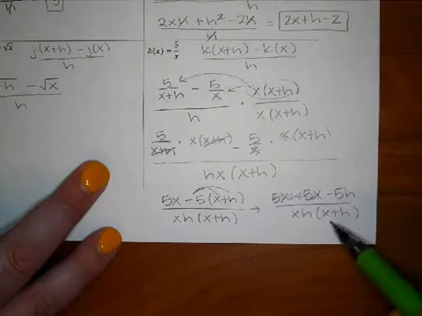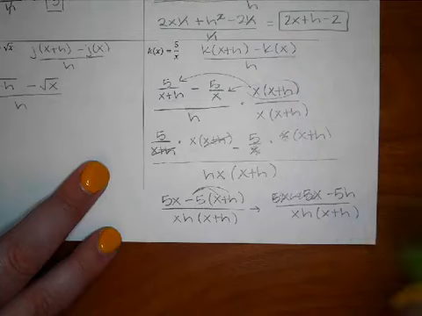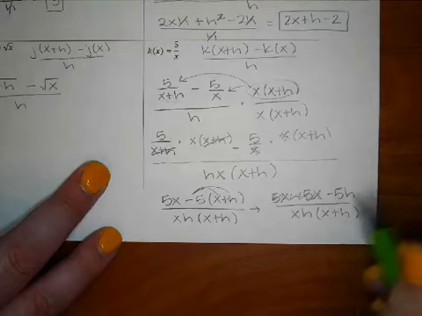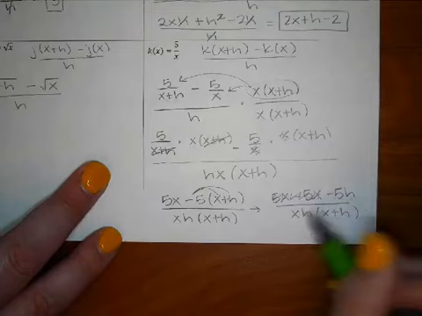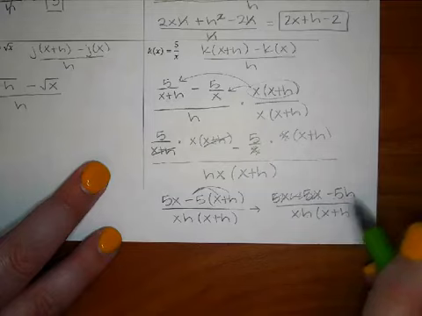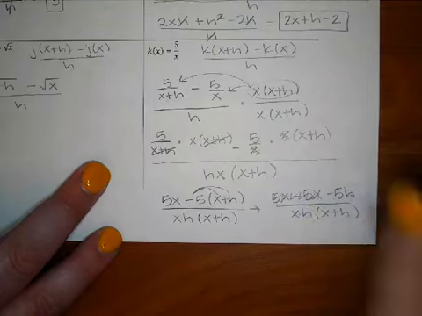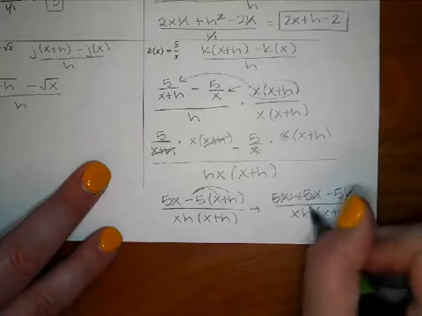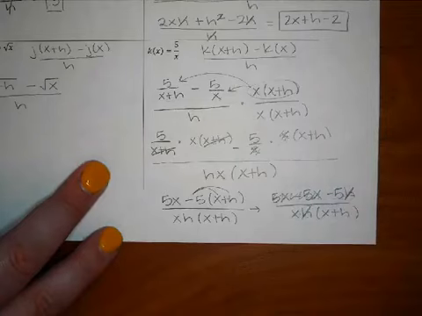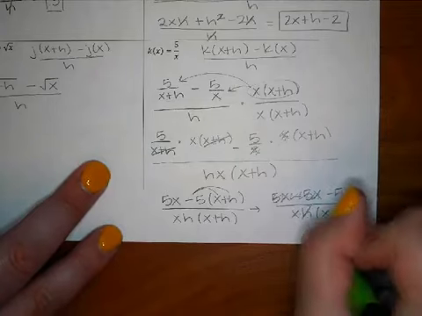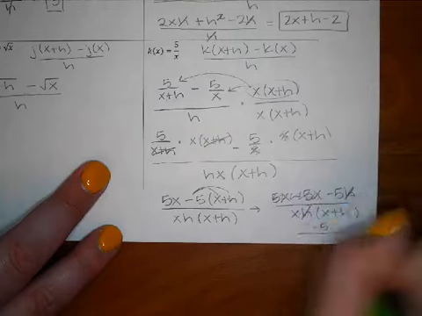And then I can't touch the x plus h inside the parentheses. It's kind of protected by those parentheses. But negative 5 times h and x times h, the h's are being divided. So times by h, there's a divide by right here and then an h down there. These h's can disappear. So I have negative 5 on the top, x times x plus h on the bottom.